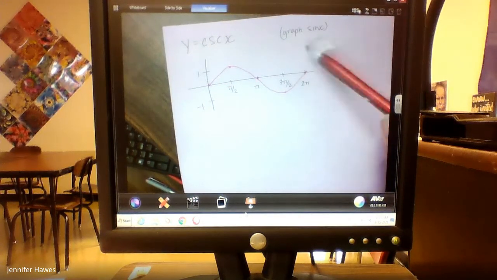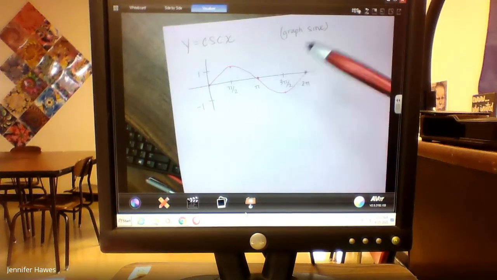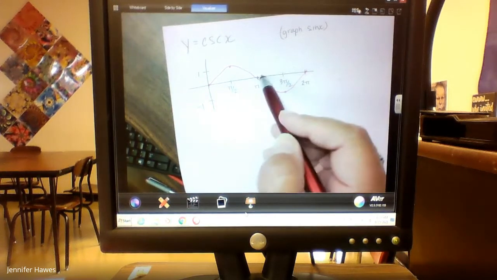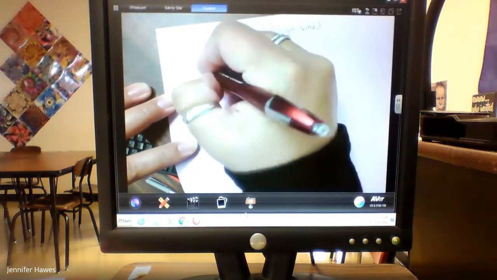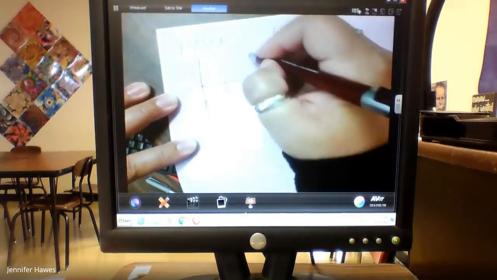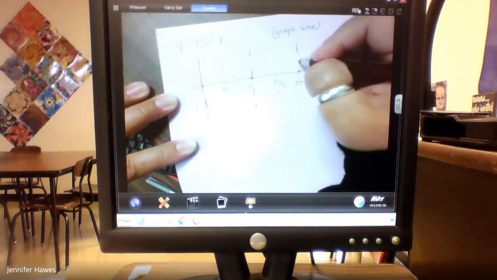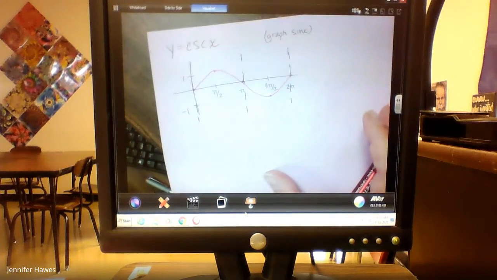Okay, so now remember, cosecant is the reciprocal of this. So basically, I'm turning all these values over. Well, what's that going to do when you have a 0? It's going to make it undefined. So right here at these dots where it's in the middle, okay, I'm going to put in my asymptotes there because that's what it's going to do.